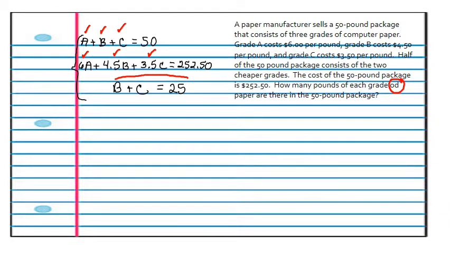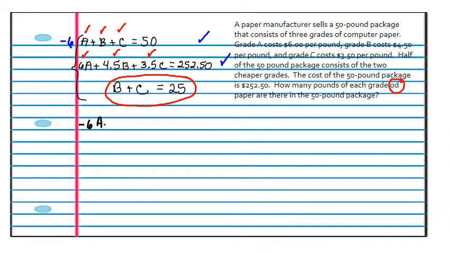Since I already have B plus C equals 25, it would make sense to find some way to get rid of my A's so I have a new B C'er. So I'm going to multiply the top one here by -6 so that my A's can go away.